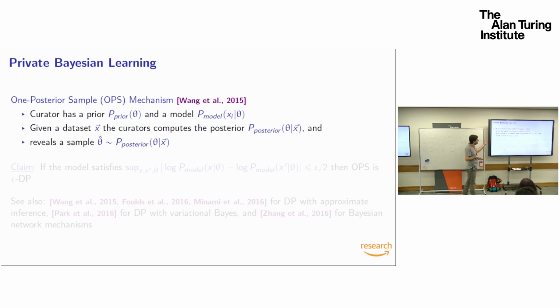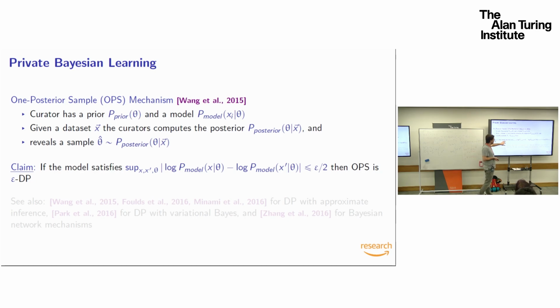And there are several results one can prove in this case by making assumptions about the prior and the likelihood or the model. And basically, you can apply this exponential mechanism of Minami et al., that's the 2016 paper, but before that, there was this one paper who are the ones who introduced this mechanism, the OPS, one posterior sample.